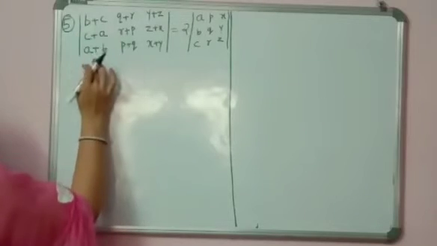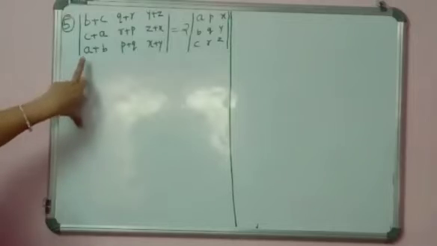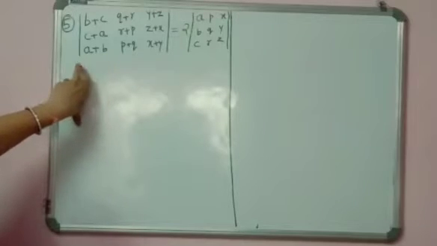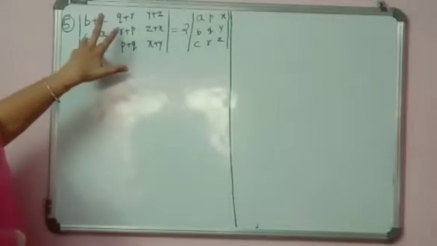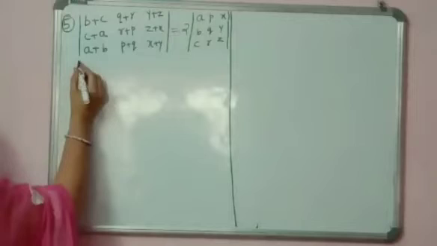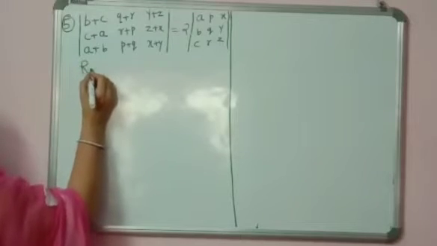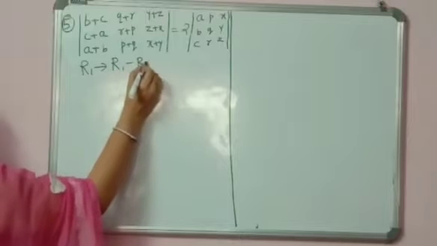Here you have B plus C and here you have this A plus B, or you can subtract, if you will subtract these two you will get B minus A. Okay, good. So let us make change, that is change R1 to R1 minus R2.